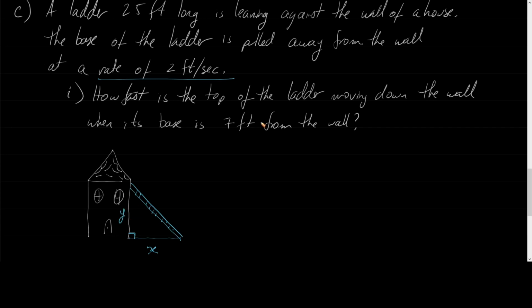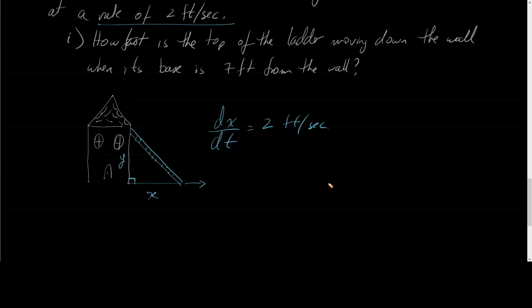All right. And now, we were told that the base is being pulled away at a rate of 2 feet per second. Well, that really tells me that the change of x with respect to t, right, this one is being pulled away, is 2 feet per second, because this is being dragged that way at 2 feet per second.